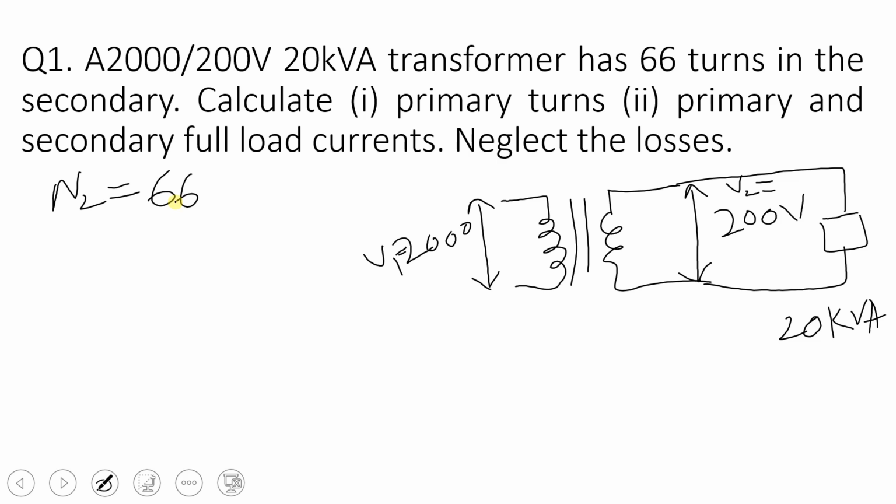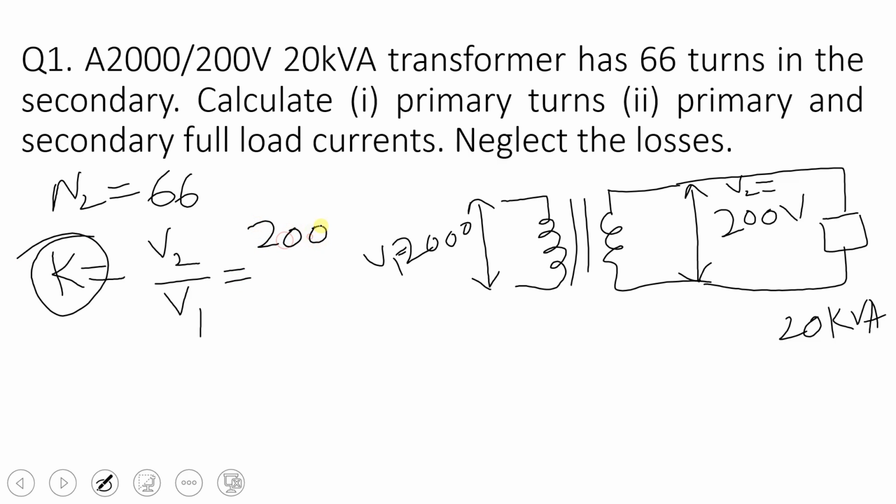As we know, from the transformation ratio formula, K is equal to V2 upon V1. From here we find the value of K. As we know the values of V2 and V1, it is 1 upon 10. So the value of K is 1 by 10.